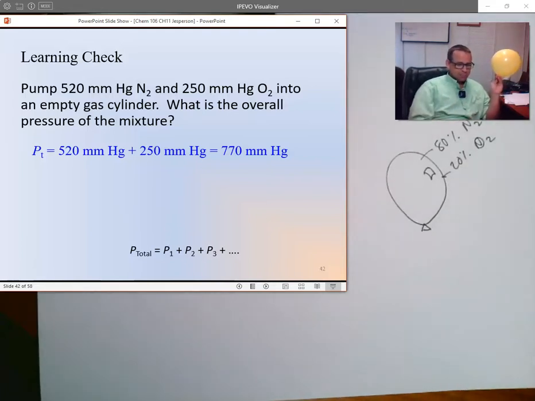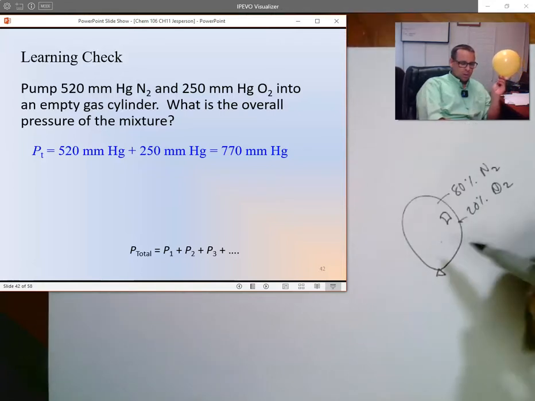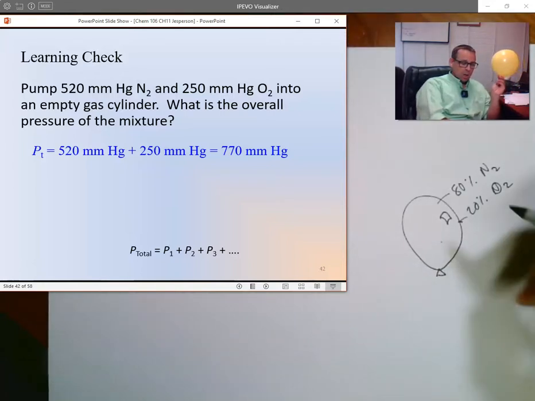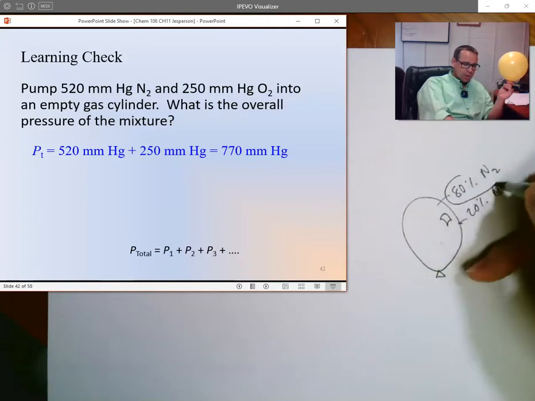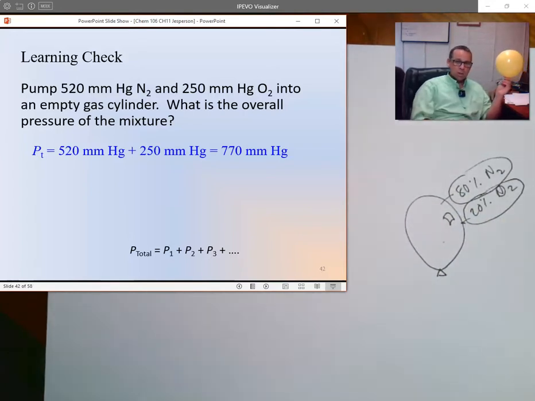Okay, there we go. So the pressure in here, if I knew the overall pressure, I could know the partial pressure due to the nitrogen and the partial pressure due to the oxygen.